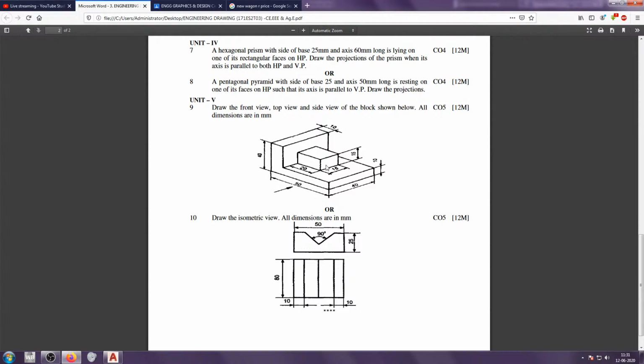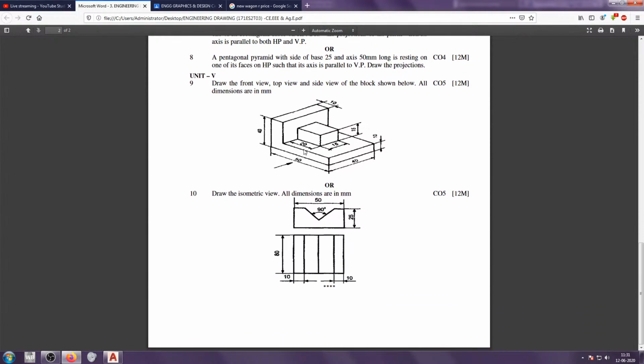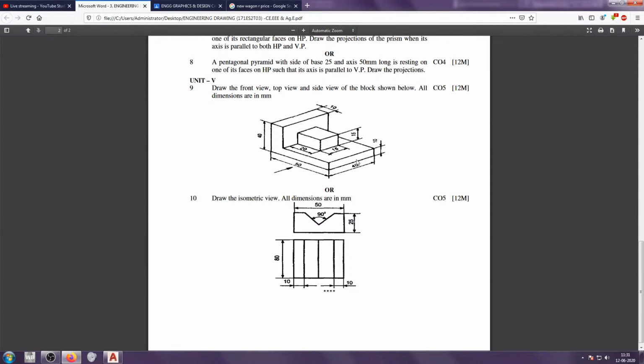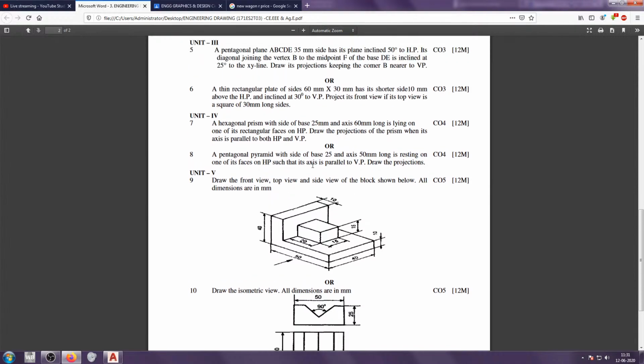Of course, from each unit you have to answer only one. If you become perfect at either converting isometric views to orthographic or orthographic to isometric, it is really going to be helpful for you to get good marks in drawing. Drawing is a very easy subject in which you can score good marks.